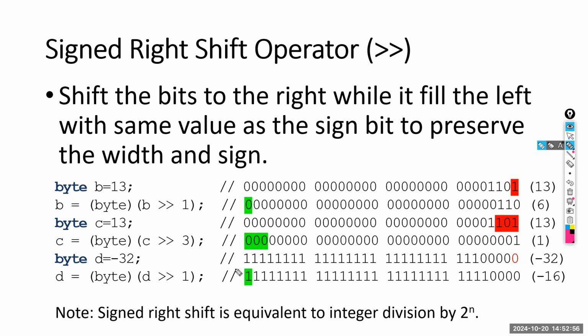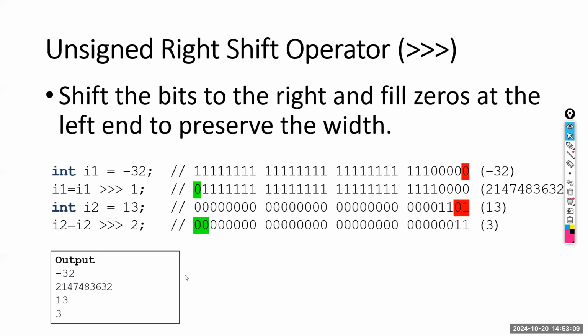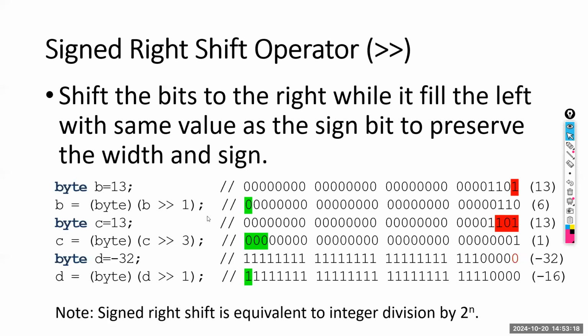But when you do unsigned right shift, whether it's positive or negative, the result is always positive, because in unsigned right shift we always fill the left side with zeros. So here we get only positive values, because even the negative values become positive. But in signed right shift, positive values will remain positive and negative values will remain negative, because for positive values we fill zeros and for negative values we fill ones.